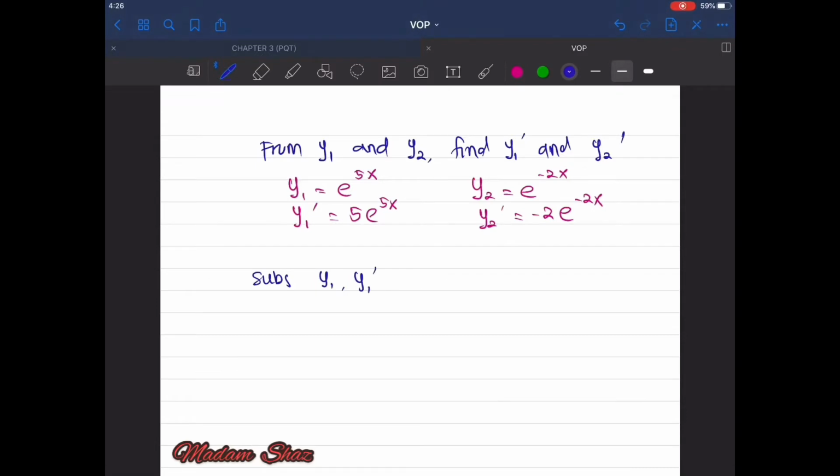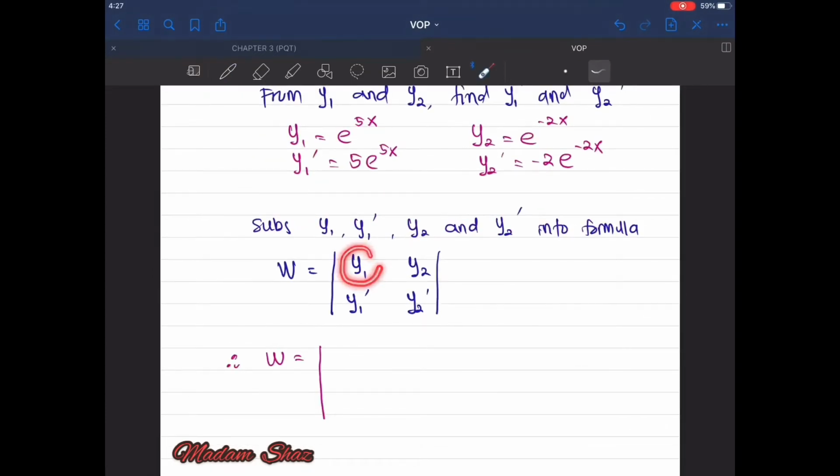Substitute y1, y1 prime, y2 and y2 prime into the formula for w, the determinant of y1, y2 over y1 prime, y2 prime.